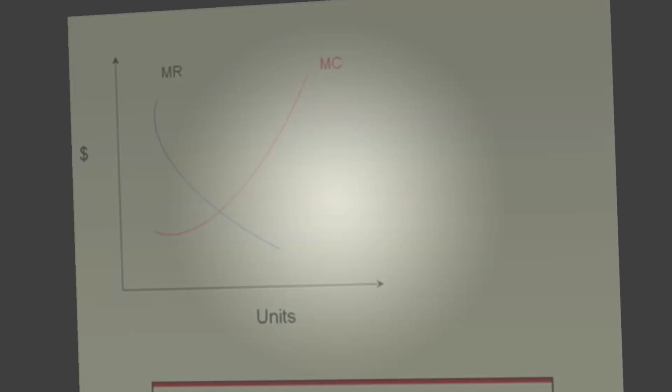Let's look at the left side. When marginal revenue is greater than marginal cost, on the left, it means you can increase profit by producing more units because the additional revenue is greater than the additional cost.